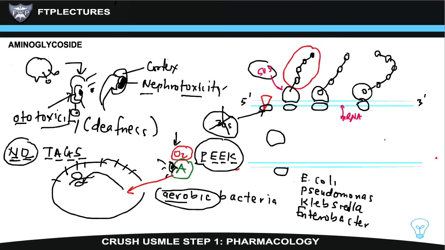Lab work shows elevated BUN and creatinine. That's renal failure. Which drug is causing this problem? They're testing you on aminoglycosides. They cause nephrotoxicity and ototoxicity.